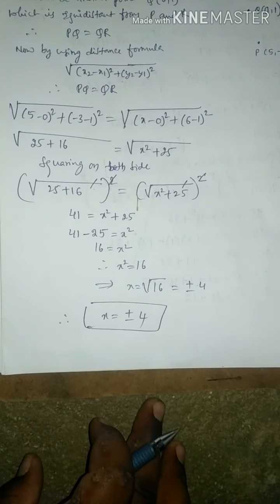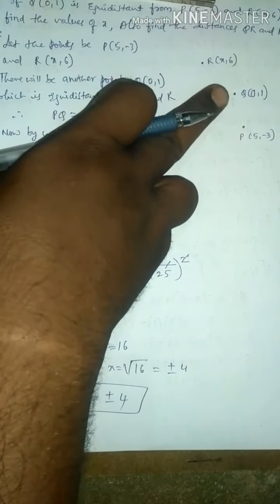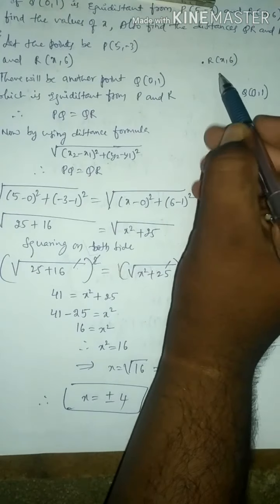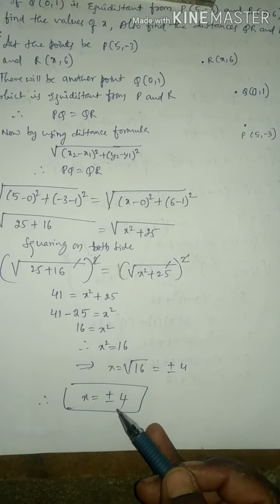Now here, what do we have to find out? We have to find out QR and PR. Here either we can consider x value as plus 4 or minus 4, it is not a matter.